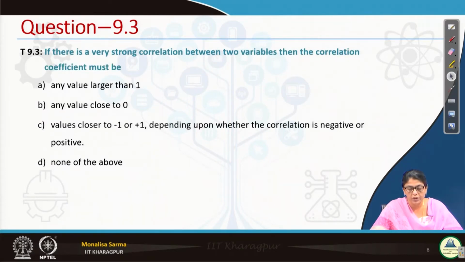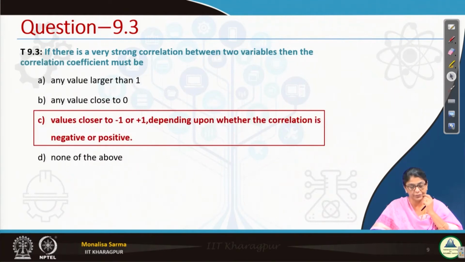If there is a strong correlation between two variables, then the correlation coefficient must be strong. When there is a strong correlation, it will be closer to either -1 or +1. If it is a negative correlation, it will be closer to -1. If it is a positive correlation, it will be closer to +1. So for strong correlation, it is closer to -1 or +1, and weak correlation is closer to 0.